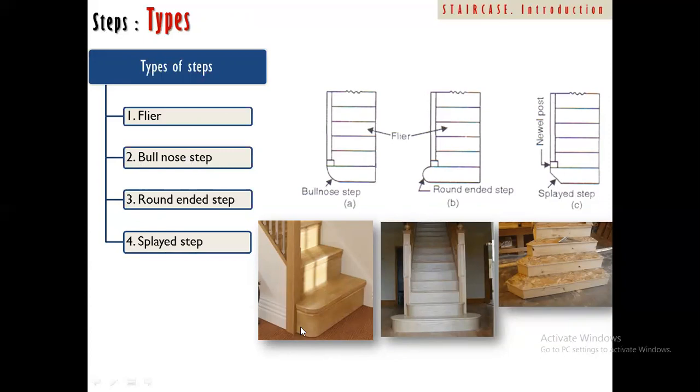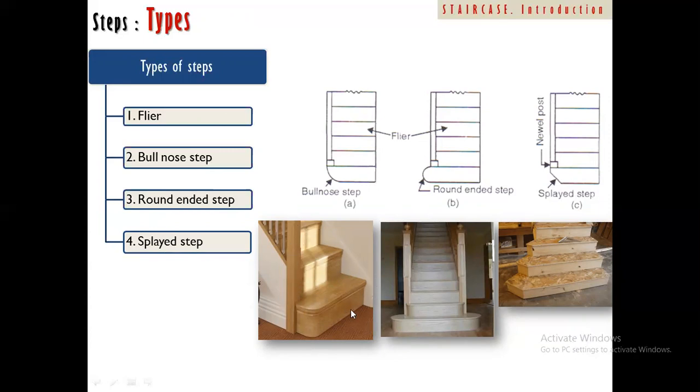Whenever you find the steps are rounded at one end, we call it a bullnose step. Even here you can see the bullnose step. What is the purpose? We have already discussed: this is a newel post which gives support to the string as well as the handrail and the balusters, and the newel post should not get displaced at this portion.